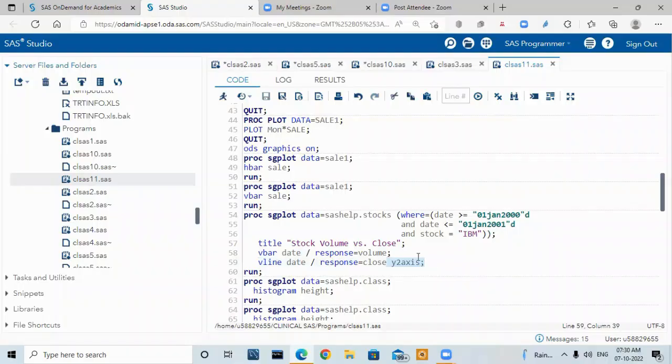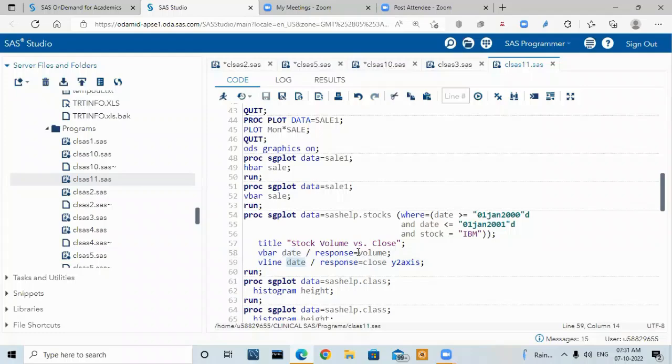Since one y-axis is utilized by the V bar, another y-axis I want to use, because the x-axis is the same, date, for both. So there will be no clashes.